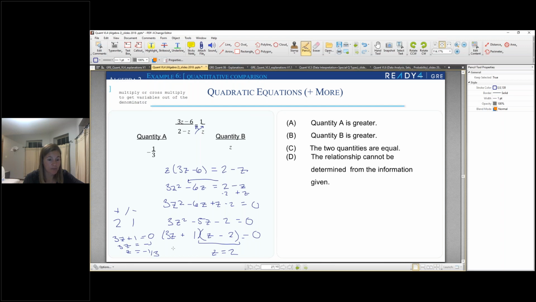That would make 0. So my two solutions here are that z is either equal to -1/3 or it's equal to 2.